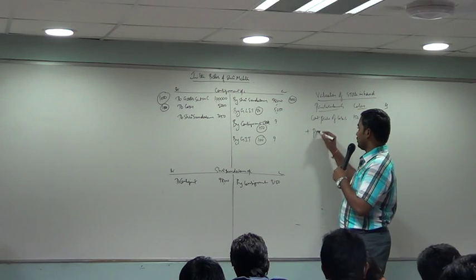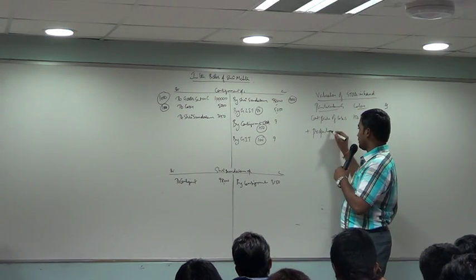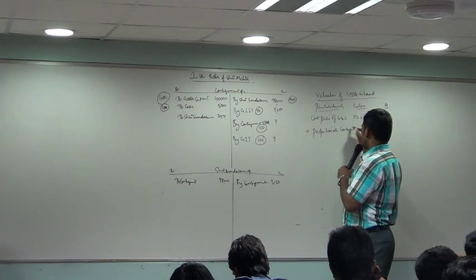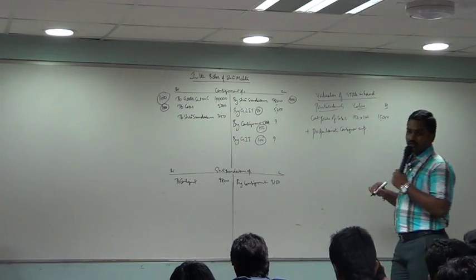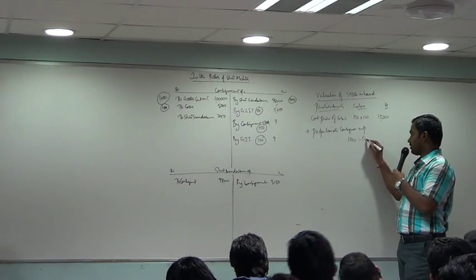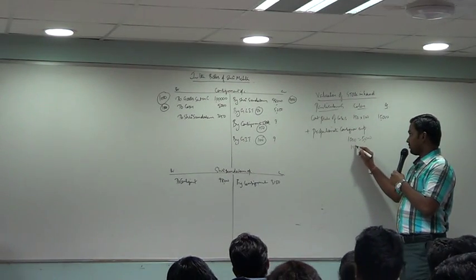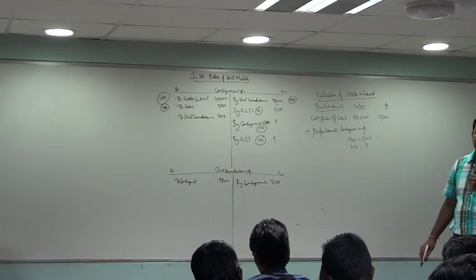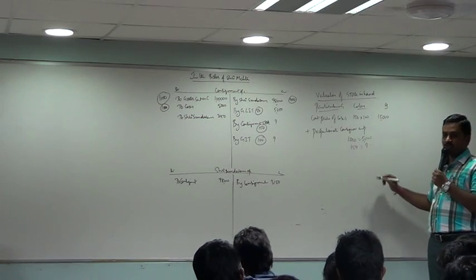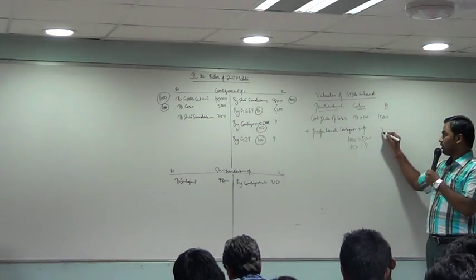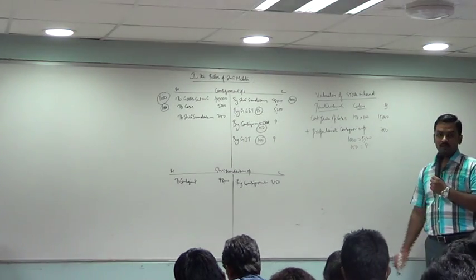Add proportionate consignor expenses. Can you tell me the calculation? 1000 cases, 5,000 rupees. For 150 how much? 750.